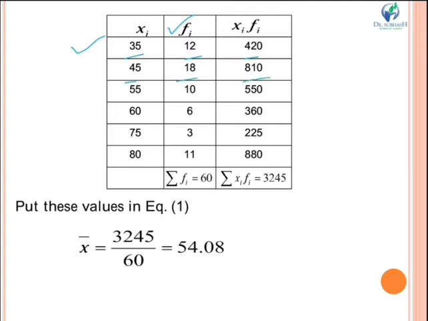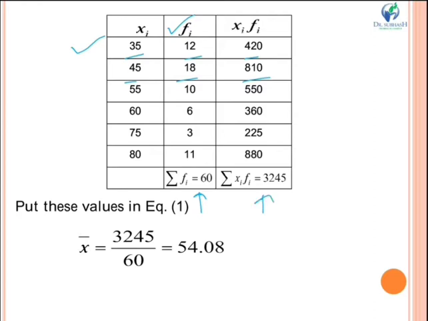Similarly, we will multiply all the entries of xi and fi and find the summation of fi and xi fi. On adding all the values of fi, we get our total as 60, and on adding all the values of xi fi, we get our total as 3245.